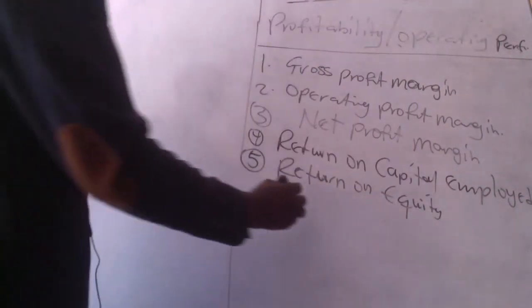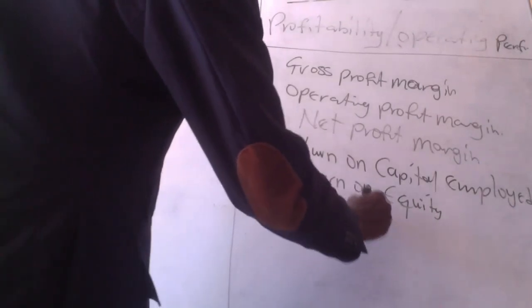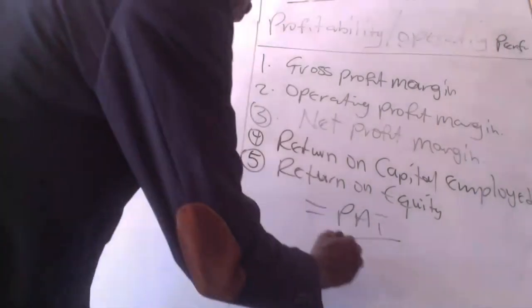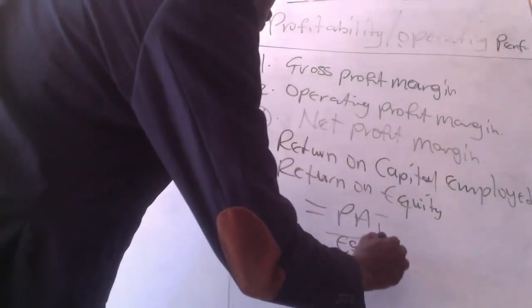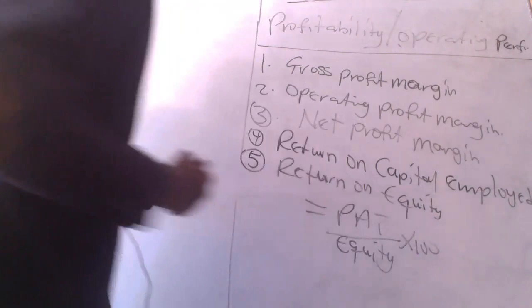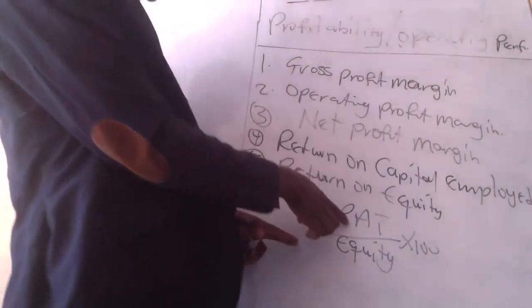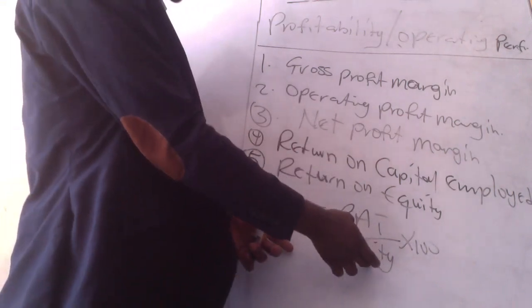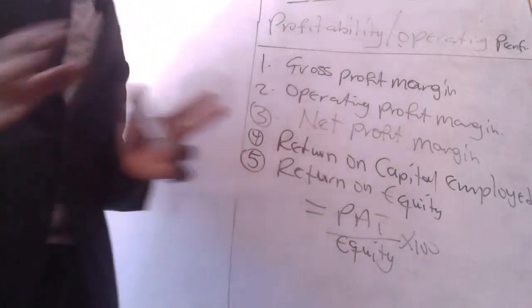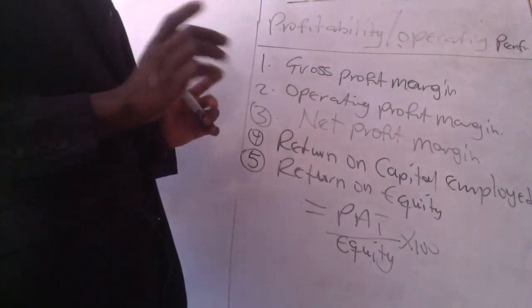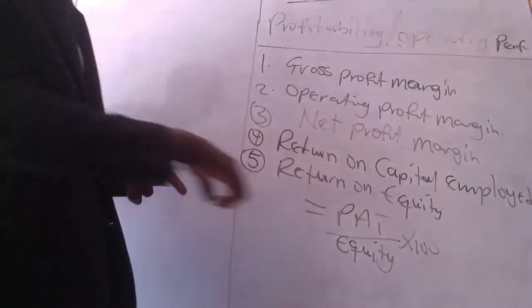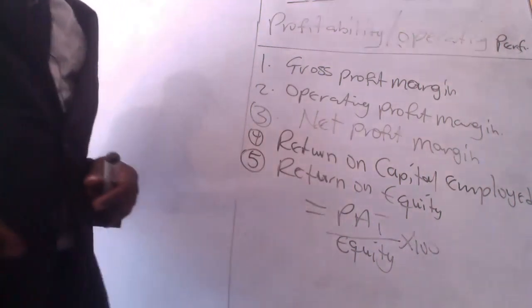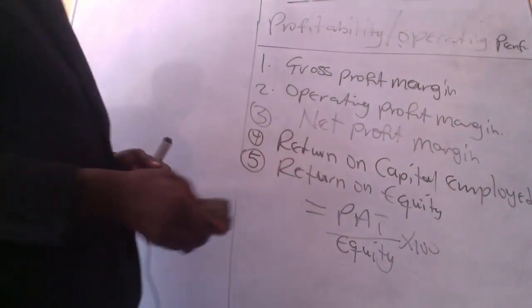For that one, the formula will be profit after tax divided by the equity times 100. This profit after tax is only for equity holders, so that's why we divide by equity. It is not for both equity and debt holders, because we've taken the interest out already to get a profit after tax. So take notes.